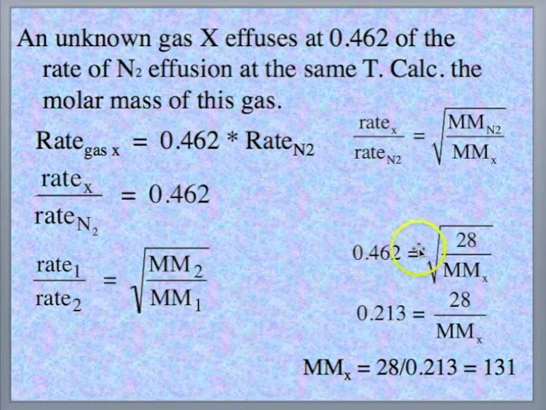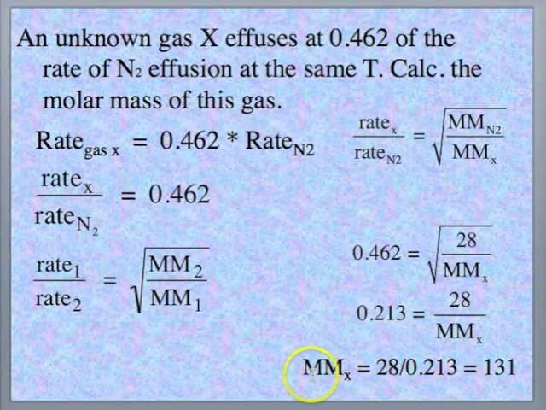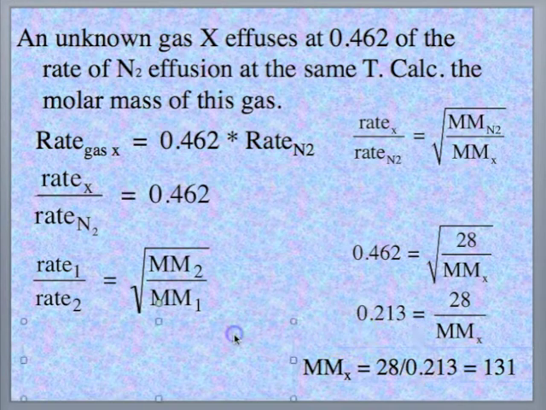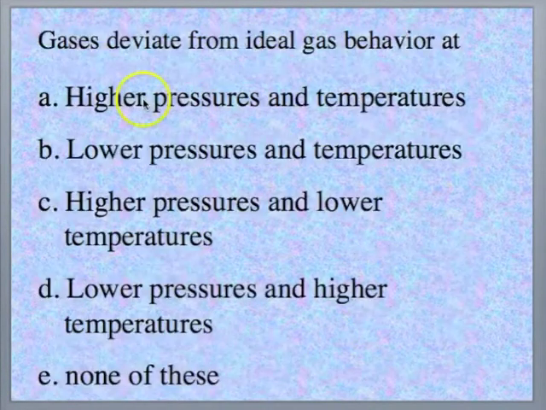Working it out, 0.462 is equal to the square root of 28 divided by the molar mass of our unknown gas. Working it out, we get the molar mass of gas X equals 28 divided by 0.213, and that's going to be 131. So there it is, finding the molar mass of a gas from Graham's law of effusion.